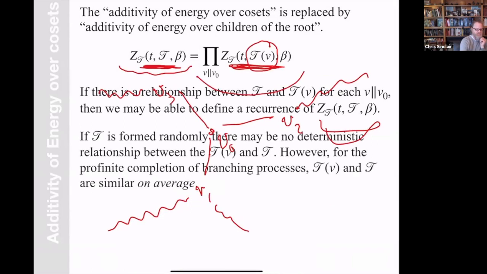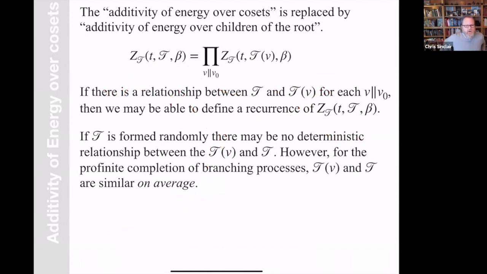That is what we did in the case of the p-Adics. We recognized that the p-Adics were formed to be a union of neighborhoods that essentially look identical to the p-Adic integers. And that was the thing that allowed us to come up with the recurrence in order to actually solve for the partition functions.